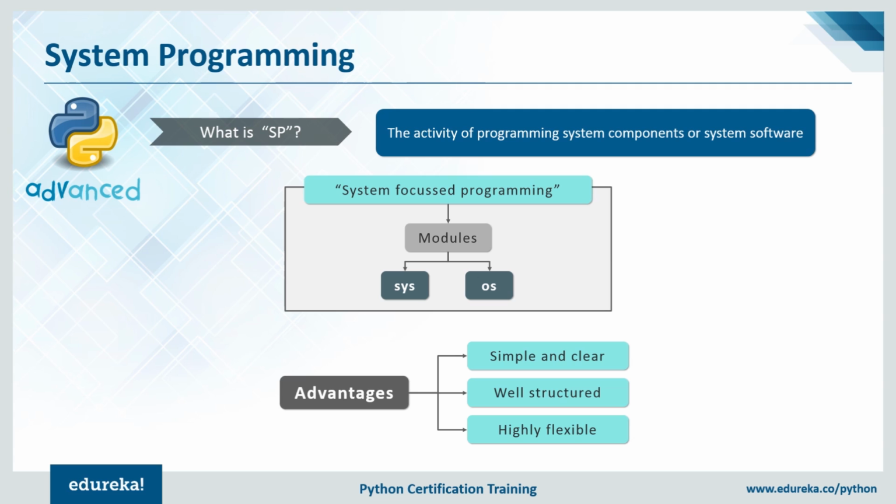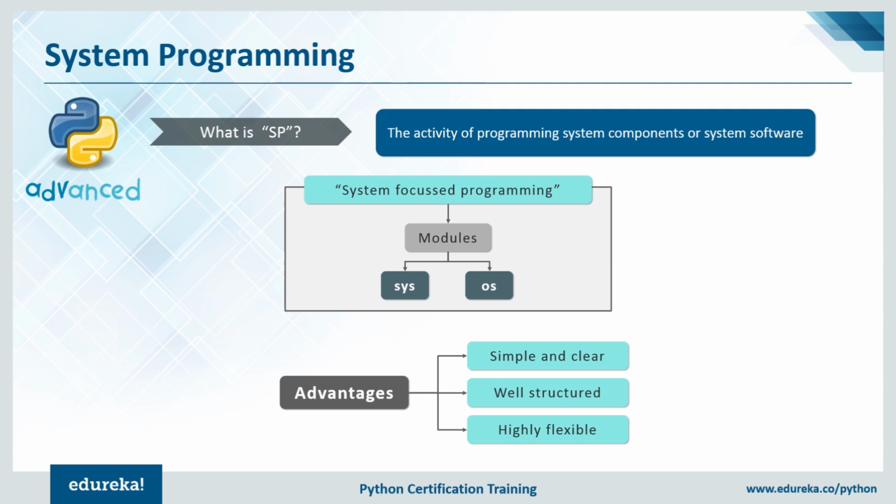Simple, right? So system-focused programming, as I'll call it, is actually made possible with the aid of the sys and the OS module. Guys, this serves as an abstraction layer between the application, which is the Python script or the program, and the operating system. You're getting it, right? So basically, again, operating system is anything between Linux or Windows or anything.